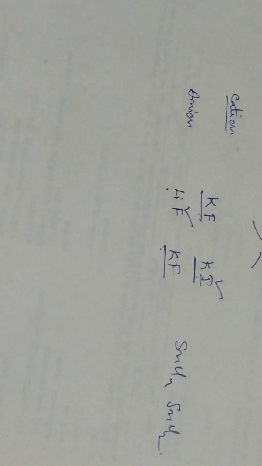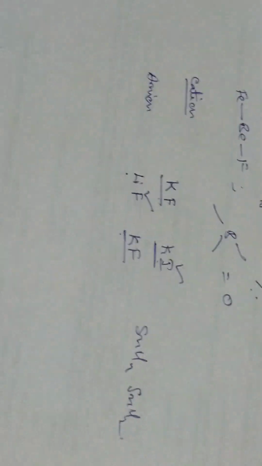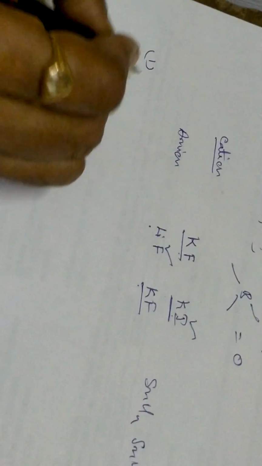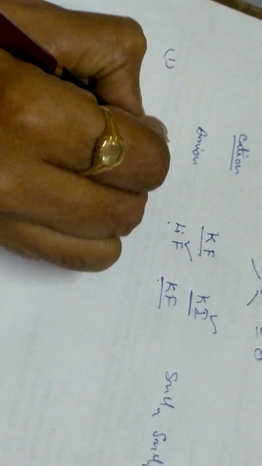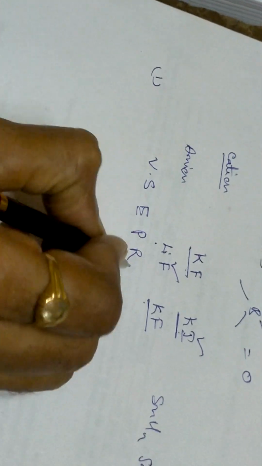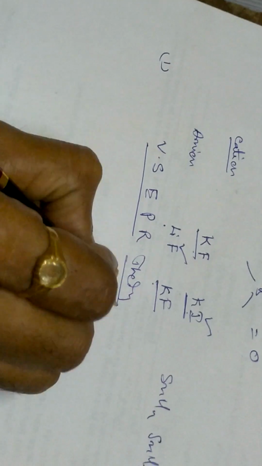Then valence bond theory has come. Why? Because the octet rule of Lewis and other people could not tell about the shapes of the molecules. So here, rule number 1 is the valence shell electron pair repulsion theory, which has come into the picture.